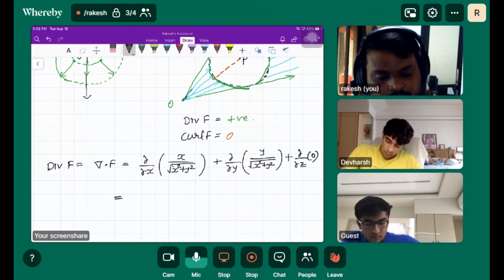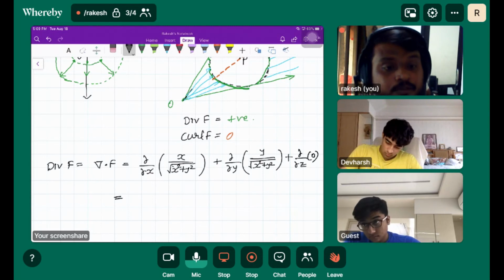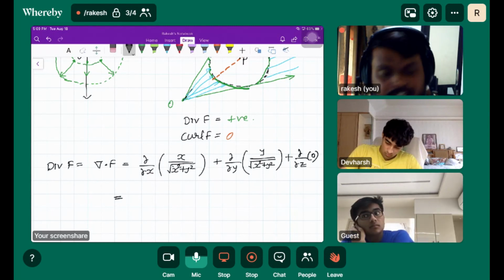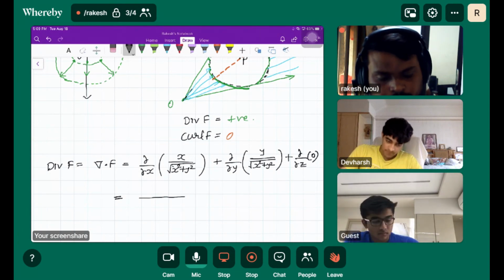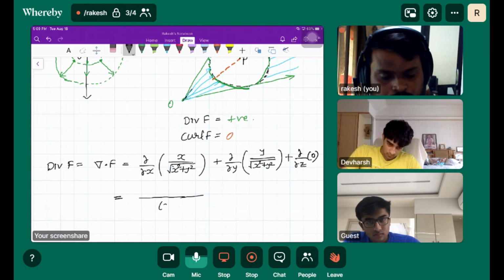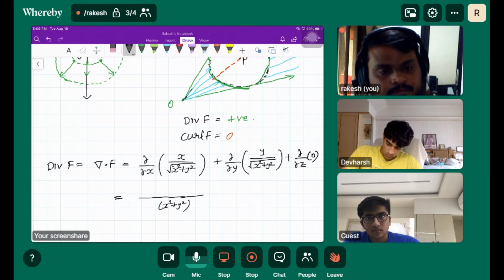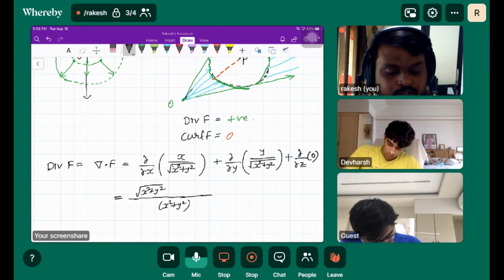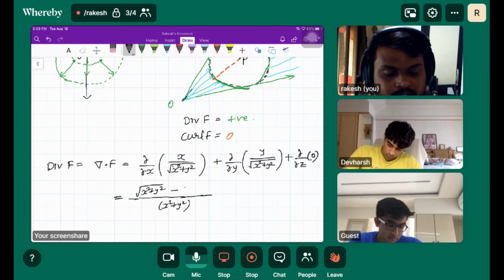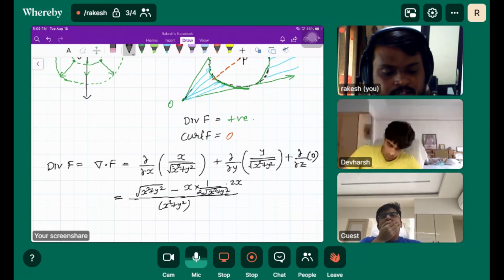With respect to x, we'll have to apply the u upon v rule, right? Both have x here. So x square plus y square. Can you do that on your own? Root x square plus y square, derivative of x with respect to x is 1, minus x times 1 over 2 root x square plus y square times 2x. Am I right here?